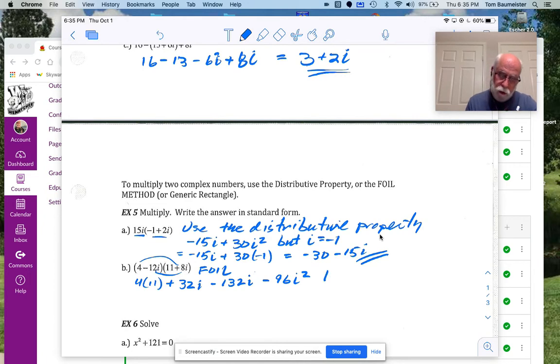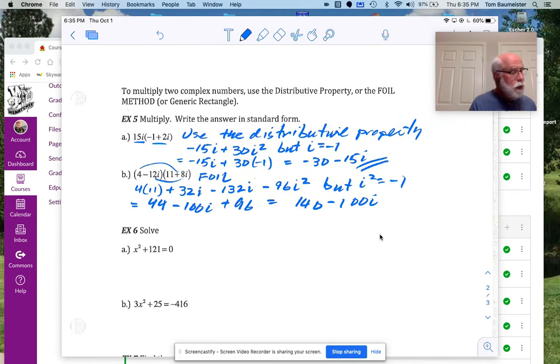But again, I just told you i squared is equal to negative 1. So I can simplify this to 44 minus 100i plus 96. Again, put everything together. That'll give us 140 minus 100i.